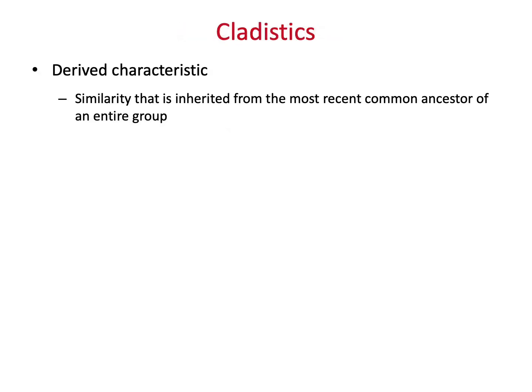When developing evolutionary relationships, one of the earlier techniques systematists use is cladistics. We are going to look at how we can use cladistics to understand evolutionary relationships and to develop a cladogram. Before we go into that, let's talk about derived characteristics.